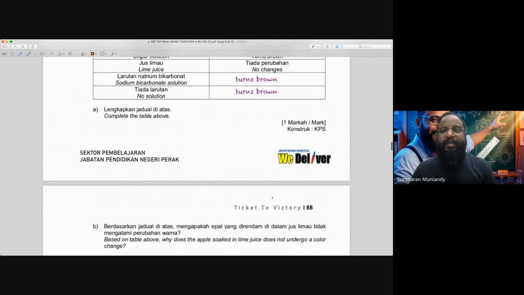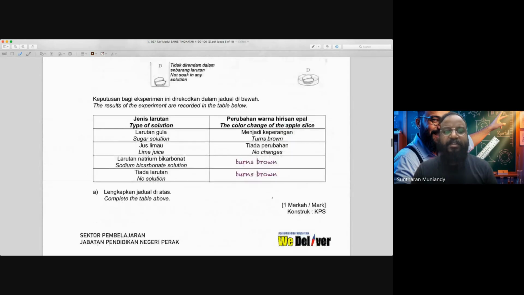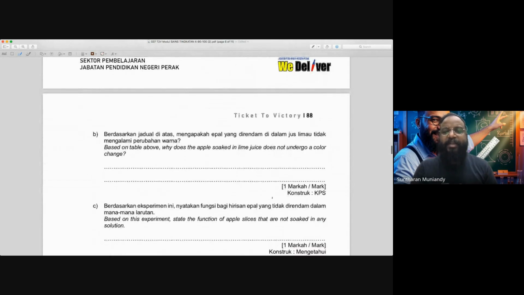Okay, complete the table above. We have done it. And then based on the table above, why does the apple soaked in lime juice not undergo a color change?